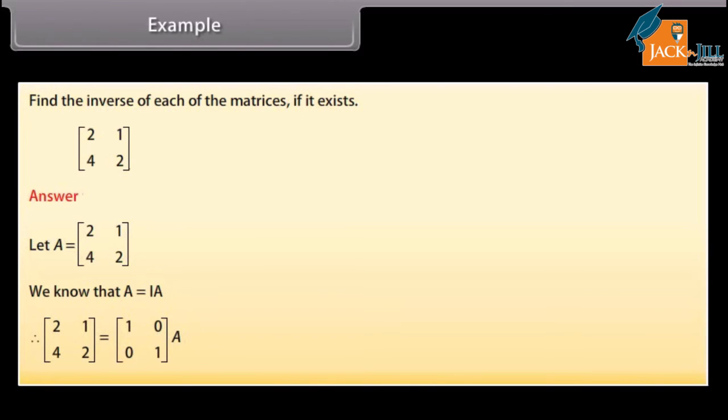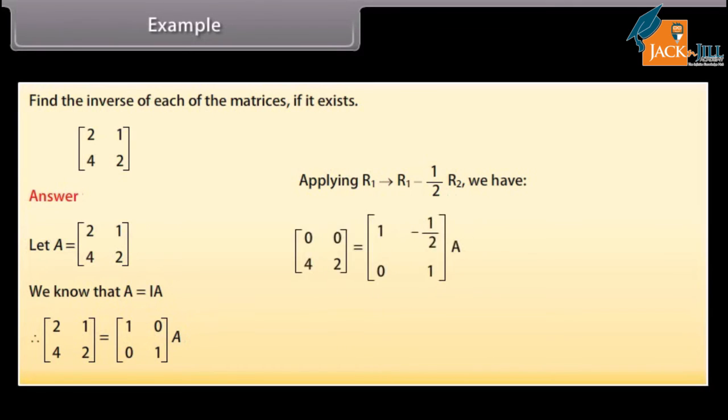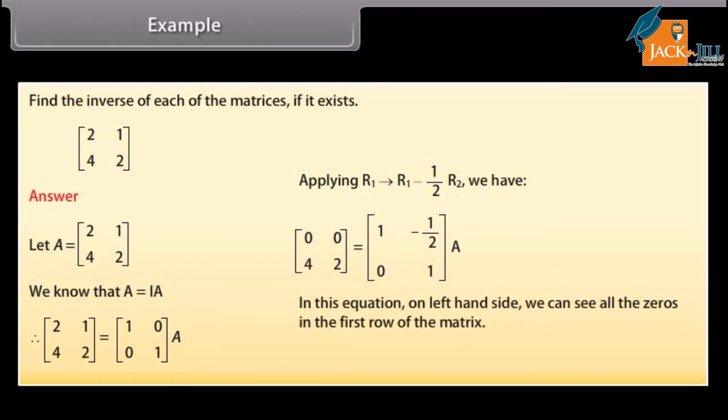Therefore, the matrix [2, 1; 4, 2] is equal to the matrix [1, 0; 0, 1] times A. Applying R1 changes to R1 minus 1 by 2 of R2, we have the matrix [0, 0; 4, 2] is equal to [1, minus 1 by 2; 0, 1] times A. In this equation, on the left-hand side, we can see all zeros in the first row of the matrix. Therefore, A inverse does not exist.